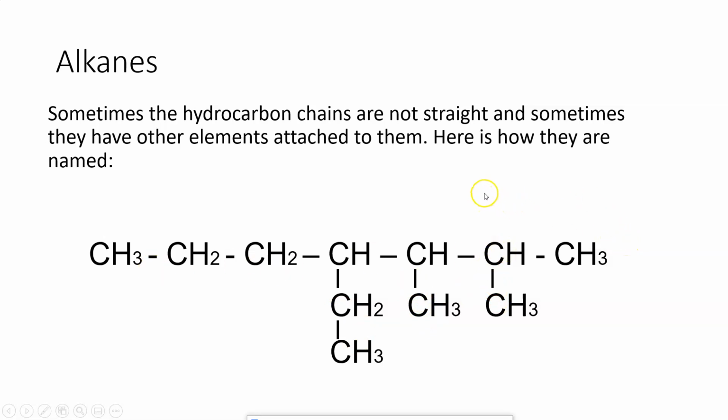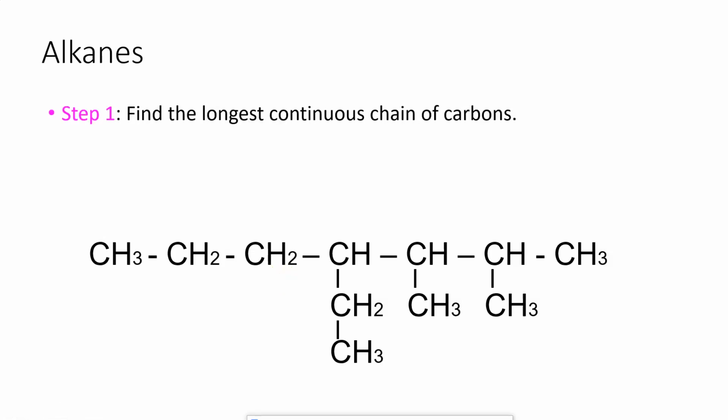The way to name this type of compounds is as follows. We're going to follow some rules here that are going to make our job very easy, right? So, step 1. Find the longest continuous chain of carbons, and this is not always the straight chain. It's not always that, okay? We have to find the longest one.